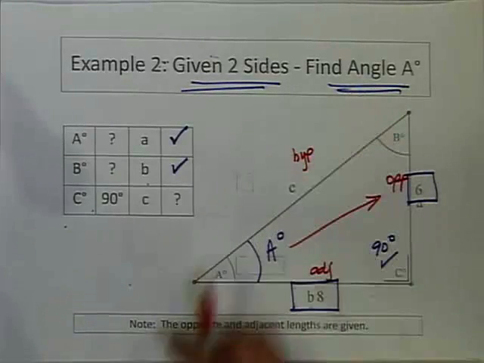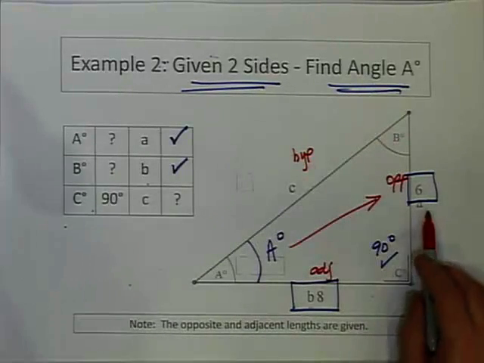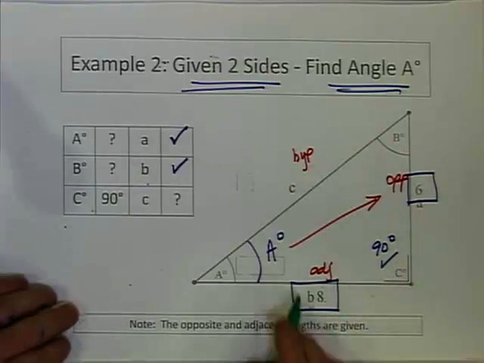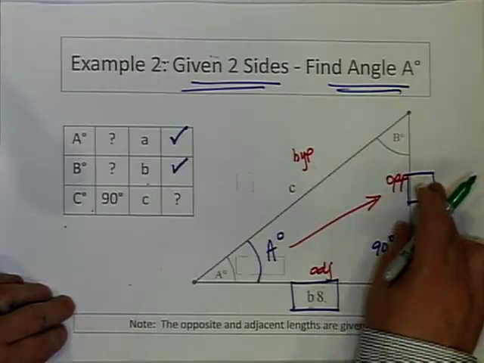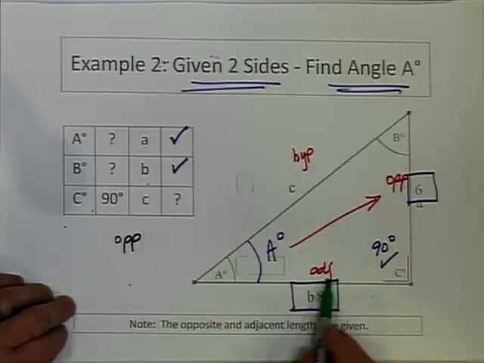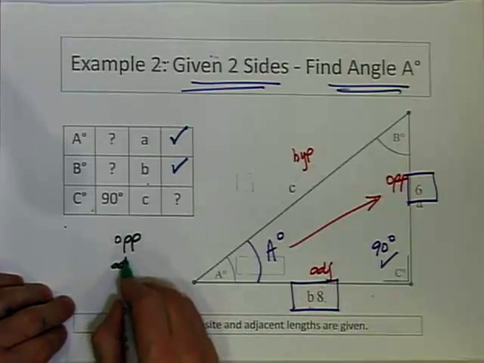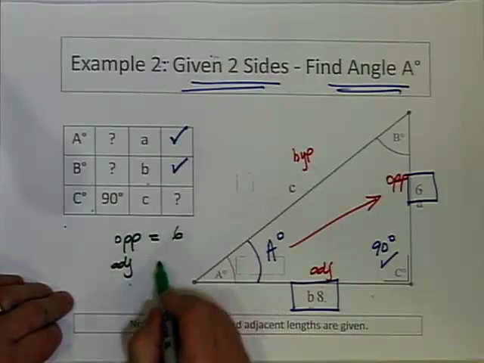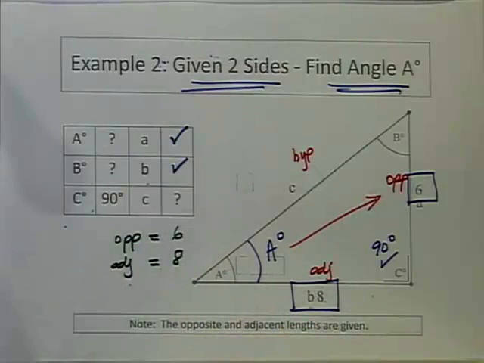I'm not interested in C, but I know A and B. In other words, I know that the opposite is 6, and the adjacent is 8.